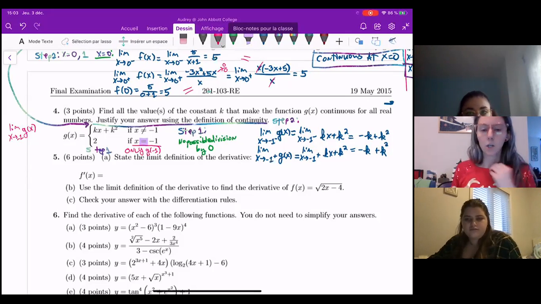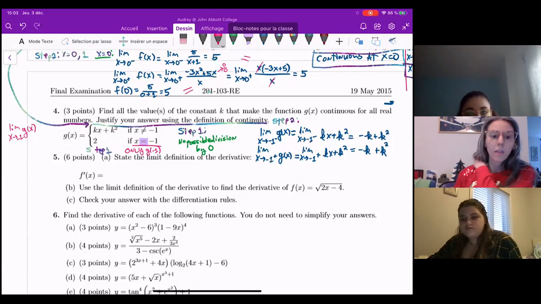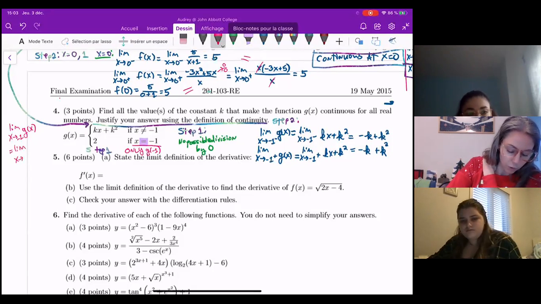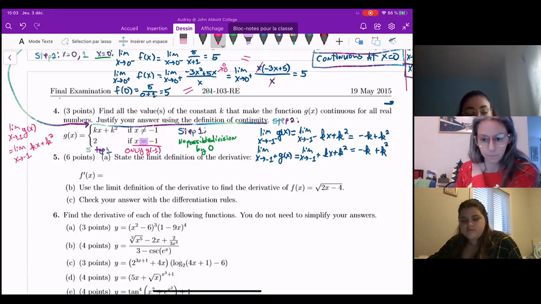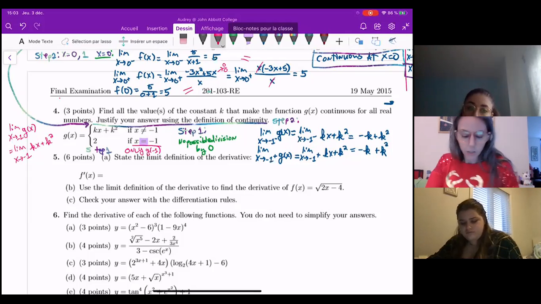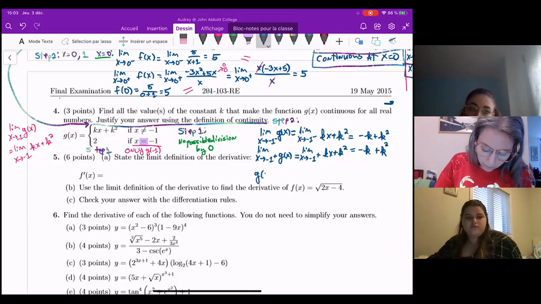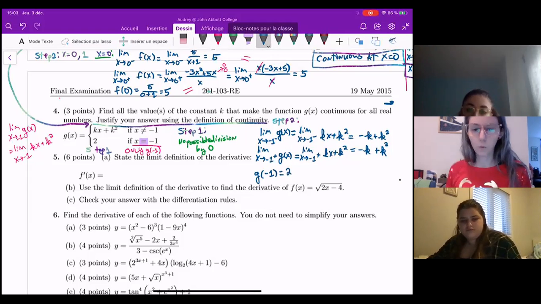I would still go to that first function. That equals is only for g of -1 itself. So here I could just say limit as x approaches -1, and it would still be kx plus k squared. Does that make sense? Remember, the closed dot is your g of -1, and that is equals. Good. So now I'm going to look at g of -1, and with that in mind, I clearly go to the second function. That equals 2.